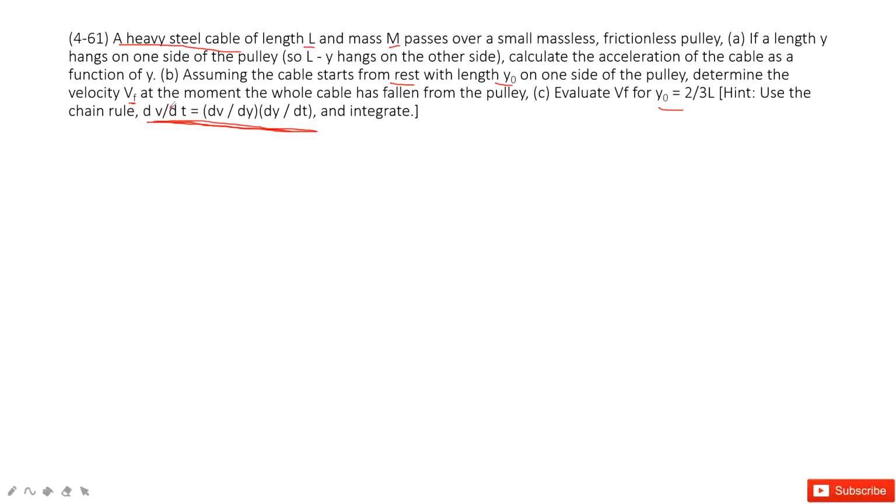It tells us dv divided by dt, the derivative of v with respect to t, is what? Acceleration, right? So we can write acceleration as dv/dy times dy/dt. If you don't know that, you can check your mathematics handbook.